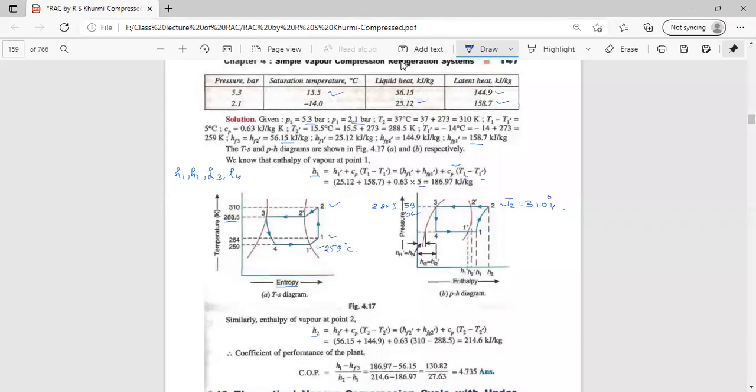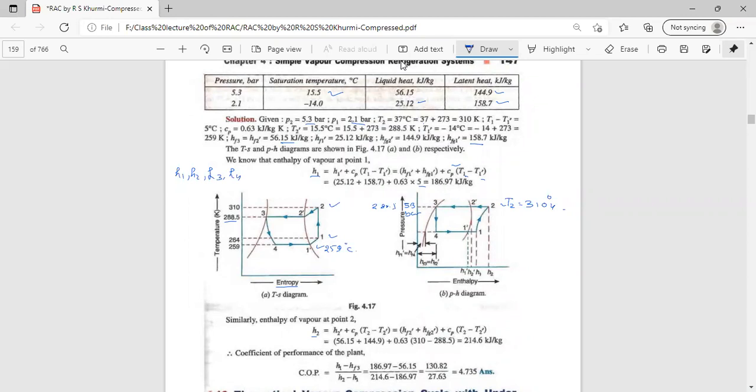H2 dash is the enthalpy at point 2 dash, the dry-saturated line, from where it starts releasing its energy as latent heat and reaches point 3 here, which shows that entropy is reduced from 2 dash to 3. Now what happens?